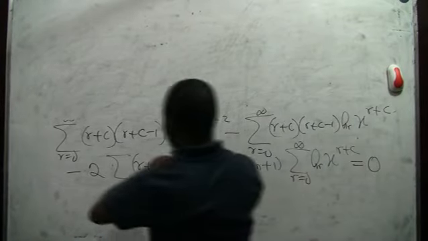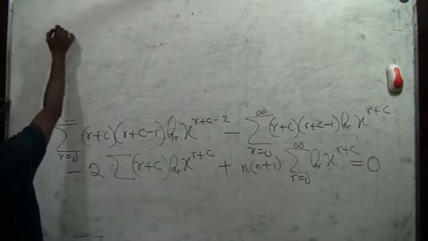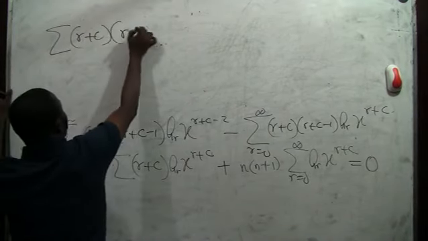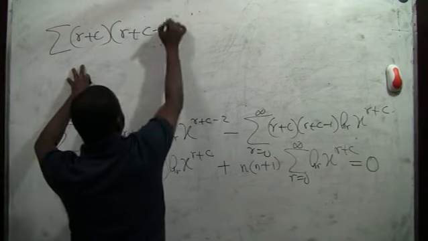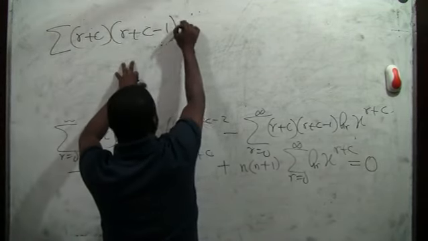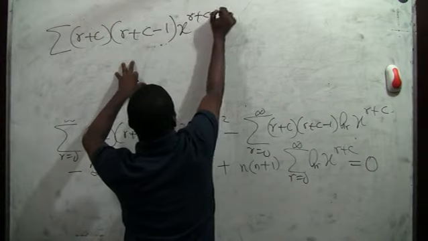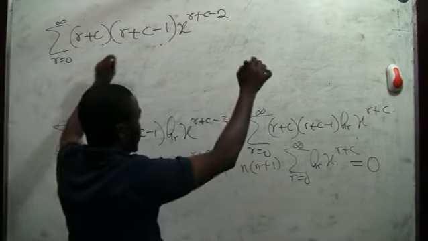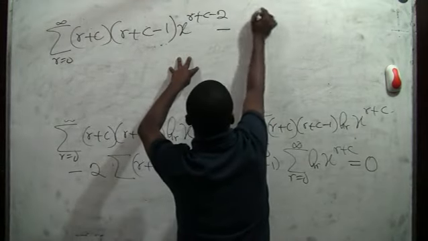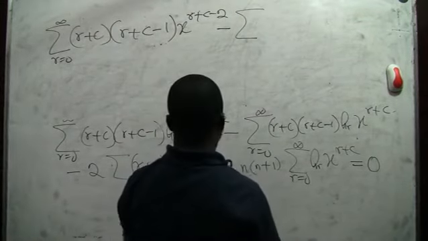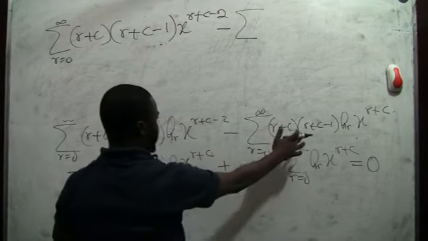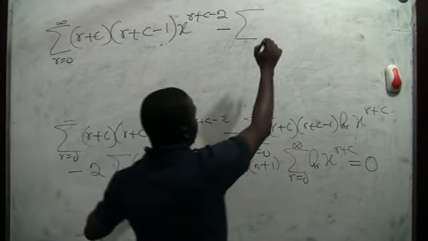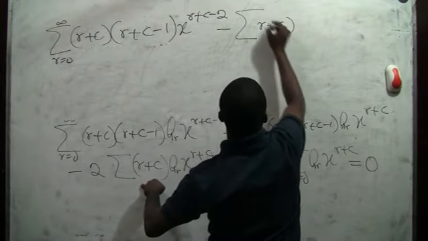Then we are going to have summation r plus c minus 1, x to the power r plus c minus 2, r from 0 to infinity, then minus summation. This and this have a common factor, which is r plus c. I can write that as r plus c.